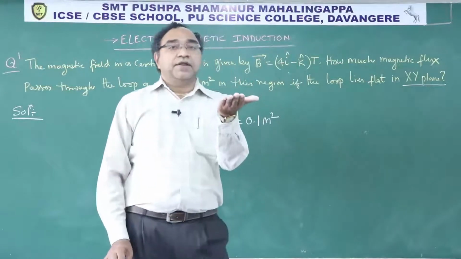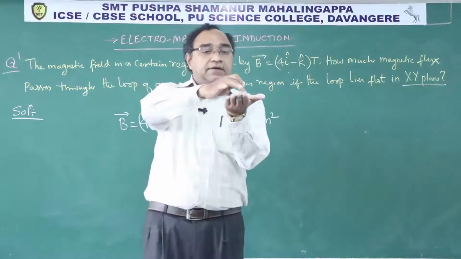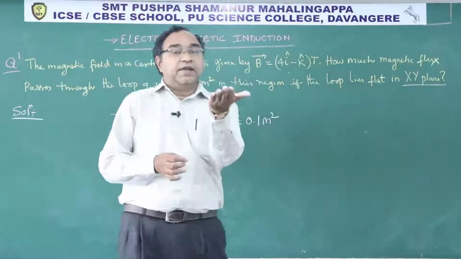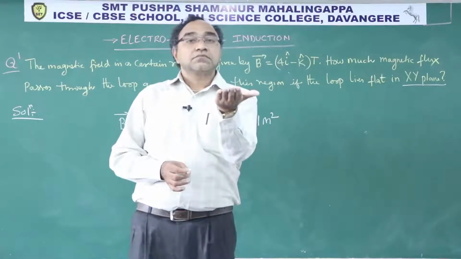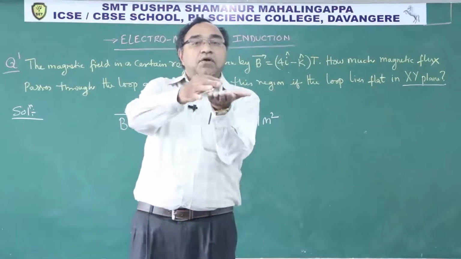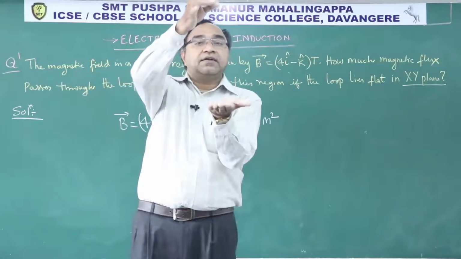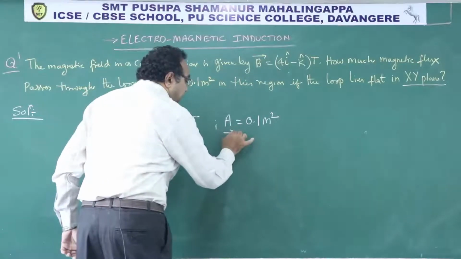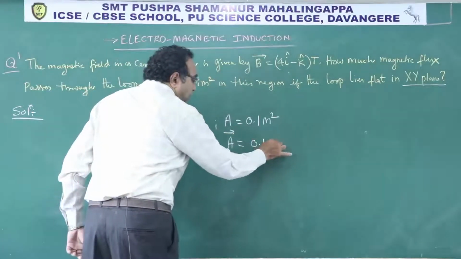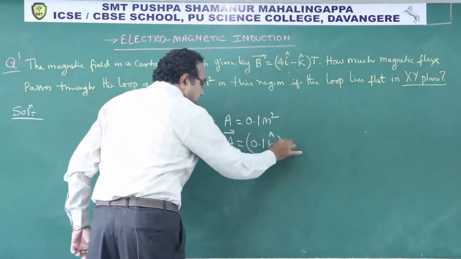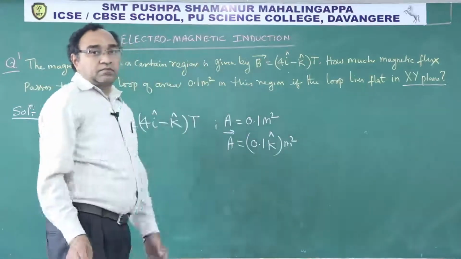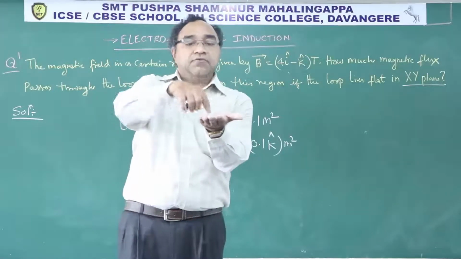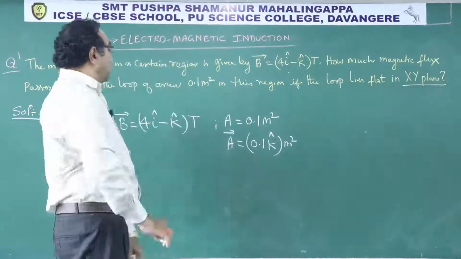The coil is in the XY plane, lying flat. The normal to the plane of the coil will be along the Z axis. So I can write the area vector A as 0.1 k cap, since the Z axis is perpendicular to the XY plane.